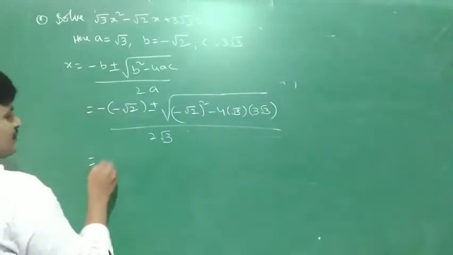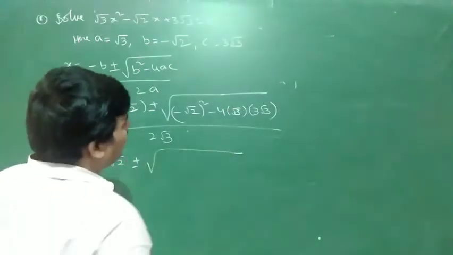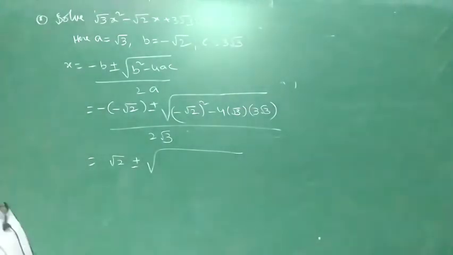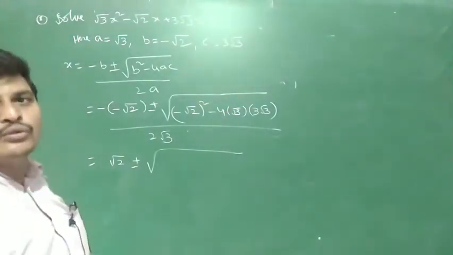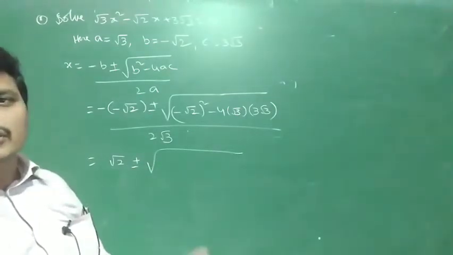Root 2 whole square is equal to 2, minus whole square is plus.